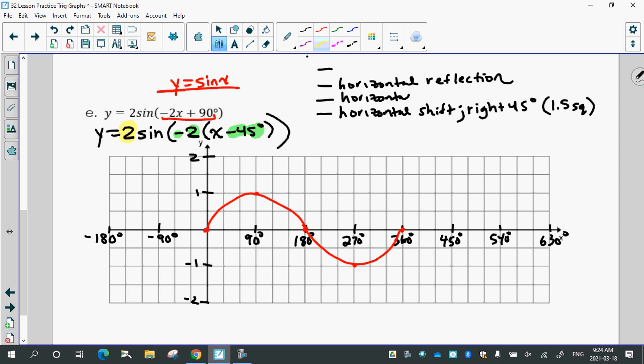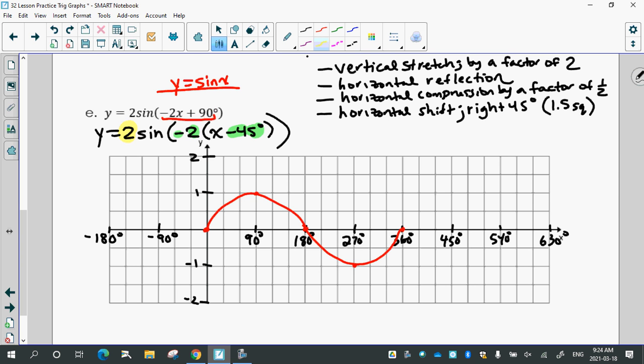And? Vertical shift by a factor of 2. Close, vertical stretch, because we're multiplying. Stretch by a factor of 2. So shift is up or down, stretch is when you're actually making it further from the central axis.